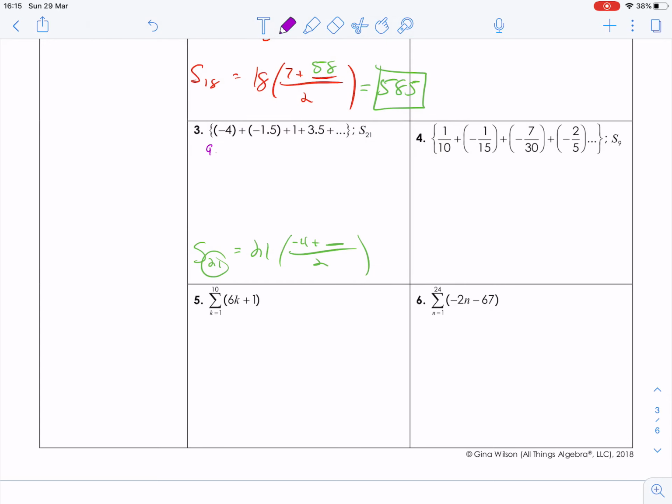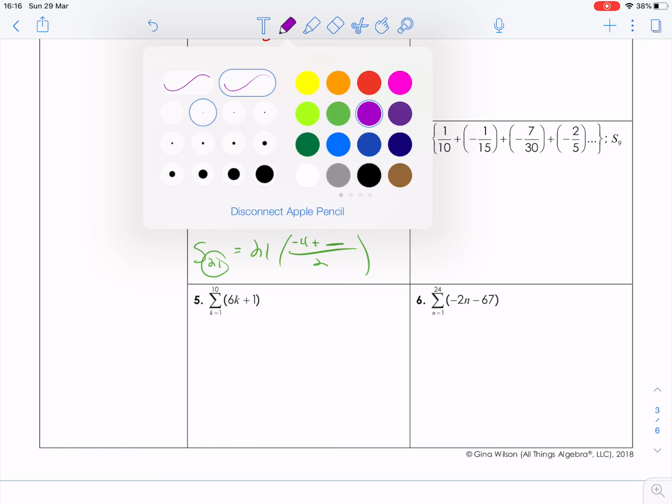So A of n equals first term plus difference times n minus 1. Let's find our difference. What is our difference? 2.5. 2.5 it is. So let's plug that guy in.